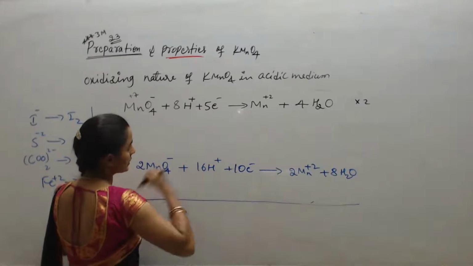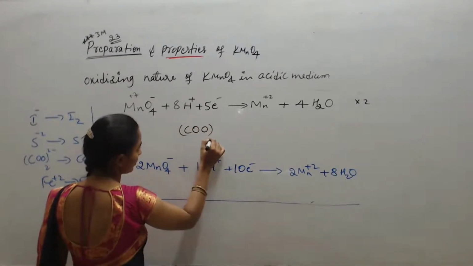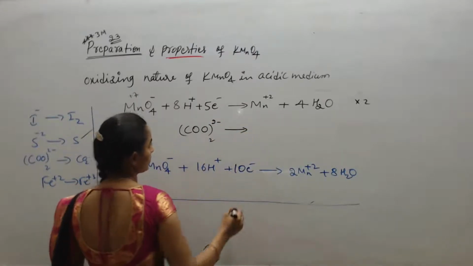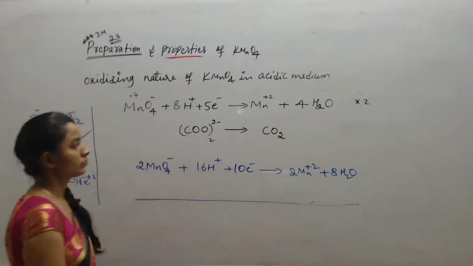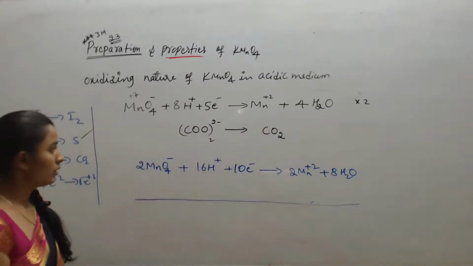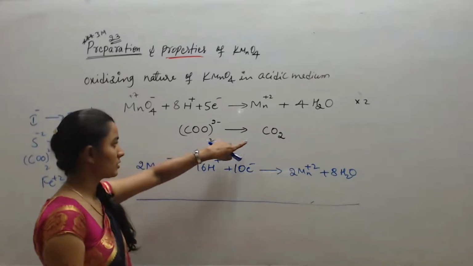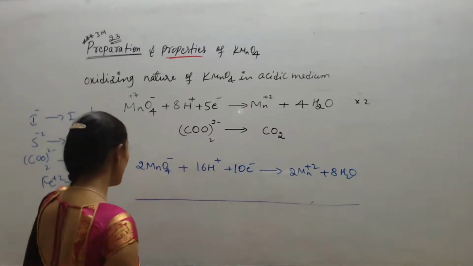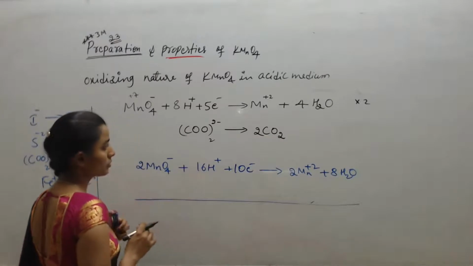Here, the oxalate ion, (COO)2 2-, changes to CO2. Here (COOH)2 is there, that means it changes to CO2 plus H2O. Correct? So here what happens? This is 2CO2.